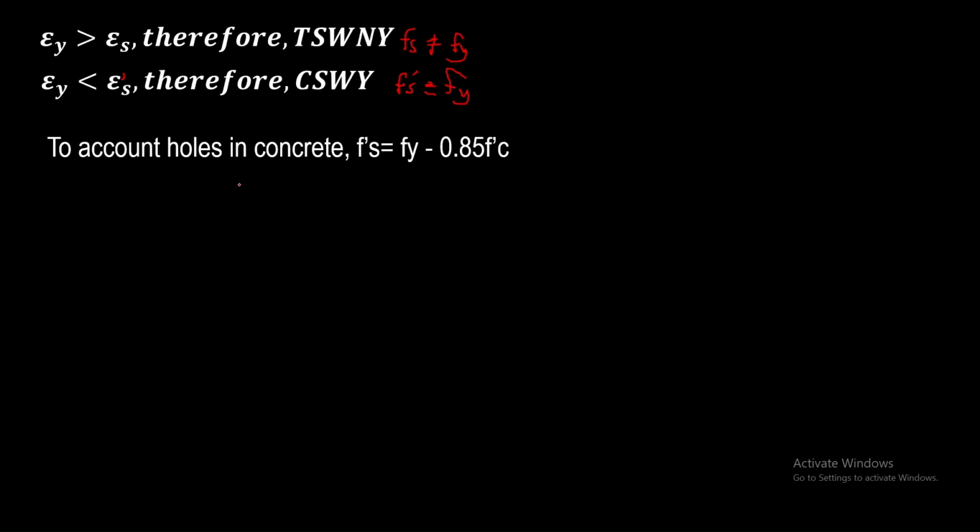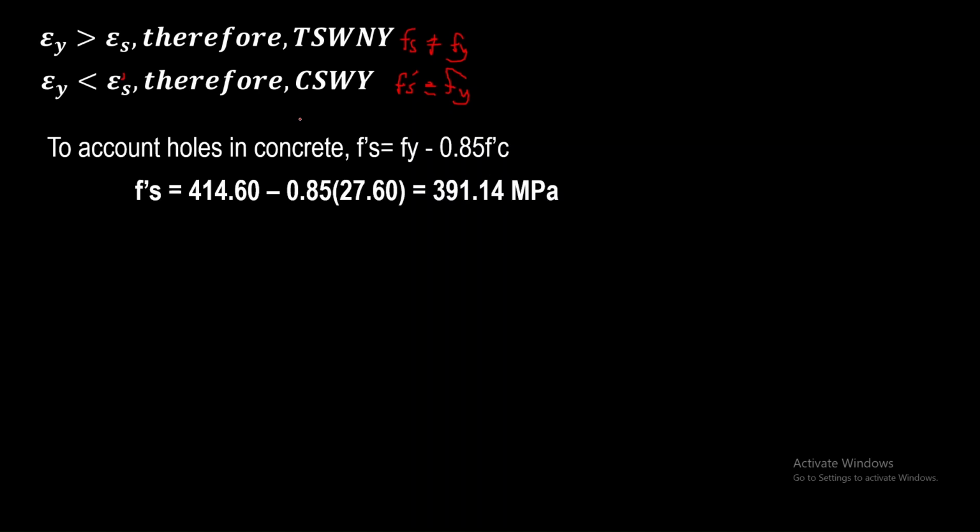For the sake of this problem, to account for the holes in concrete, we have to consider the steel reinforcement; the compression side should be reduced by 85% of the f prime c.